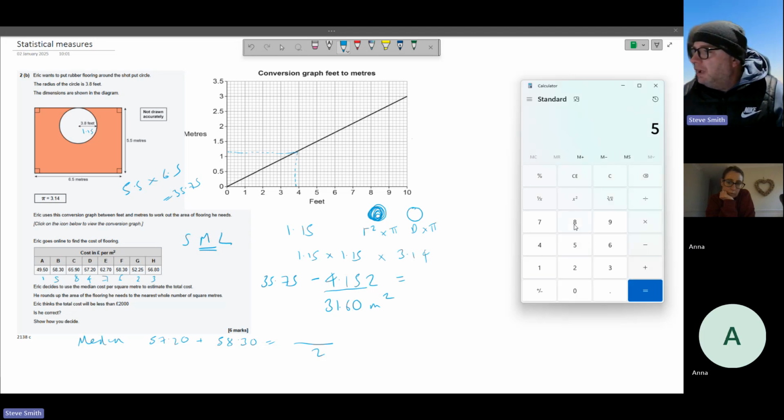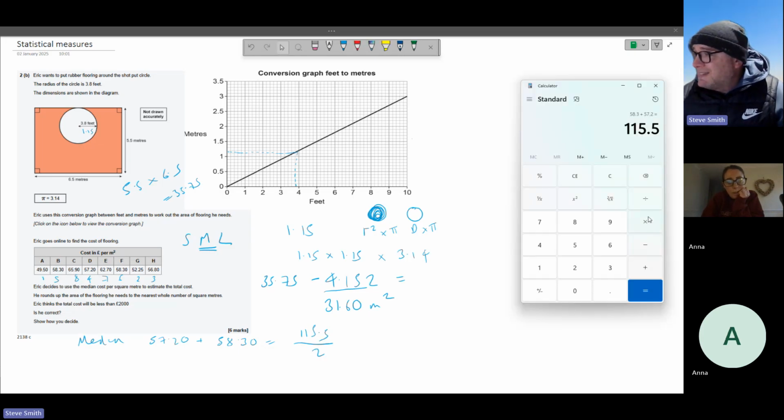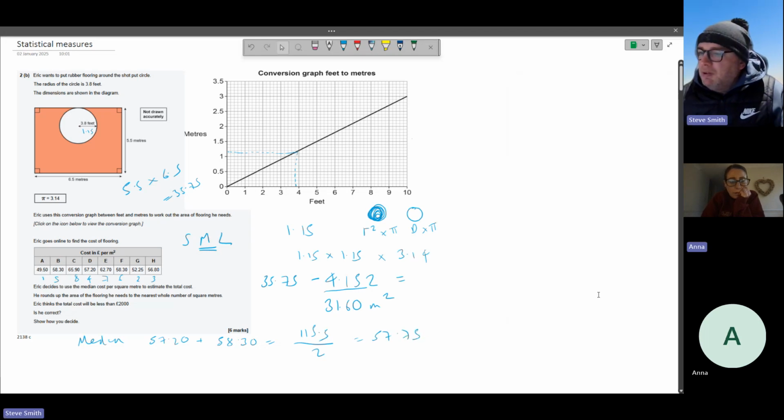So we got 58.3 add 57.2 equals 115.5 divided by 2. And as you can see, this question is a 6 marker, hence why it's taken us some time to get this done. And we can see at the end where we're going to get our 6 marks from. So we've got a price of £57.75.